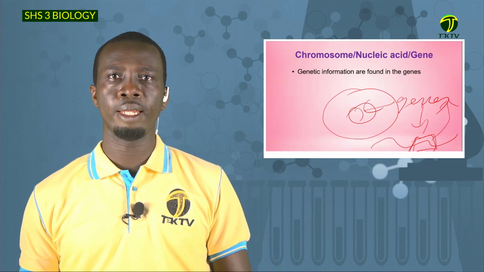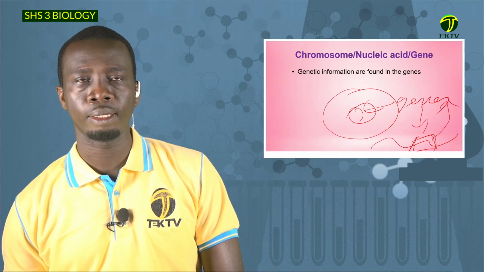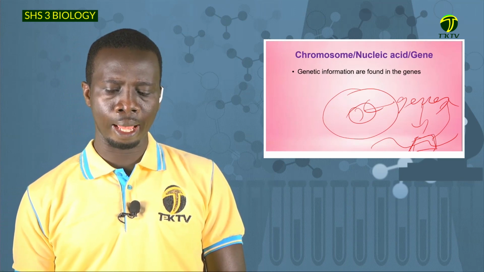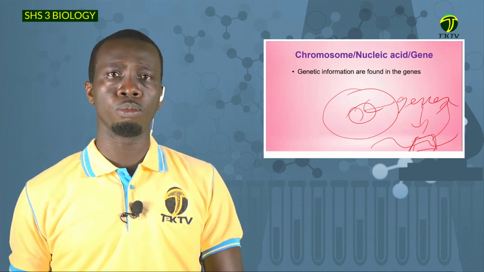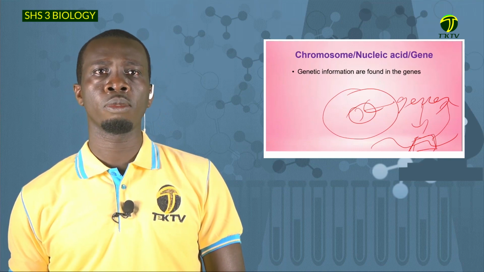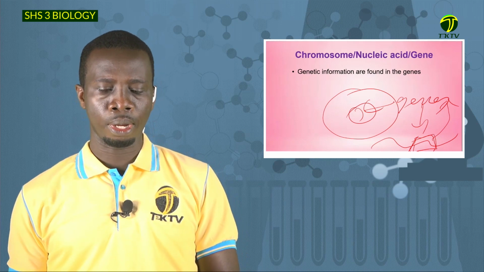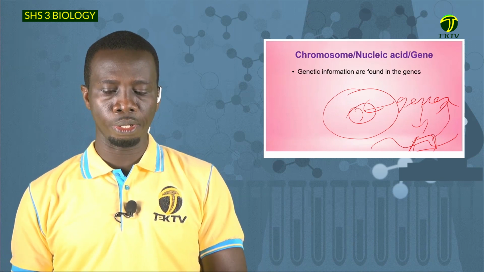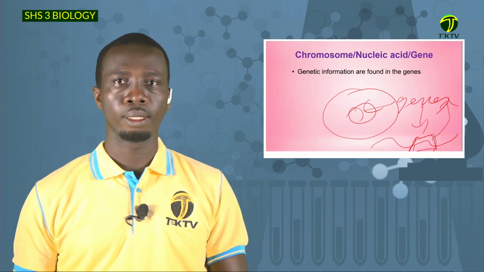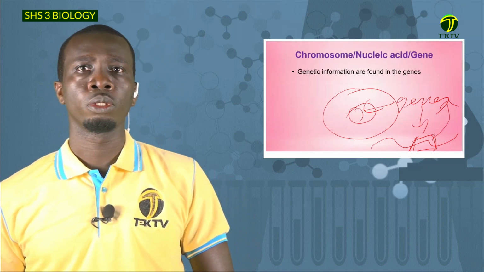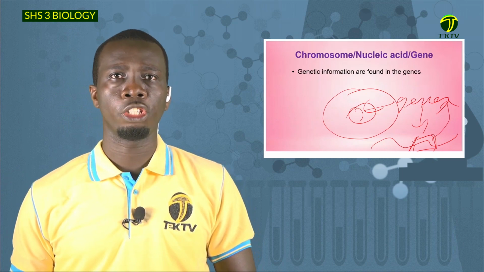Portions of the DNA or the nucleic acid are called genes, and these portions are found within the chromosome. So basically the chromosomes are just carriers of our nucleic acids. Then when we cut the nucleic acid into pieces, then we get our genes. So that's the relationship between chromosome, nucleic acid, and a gene.